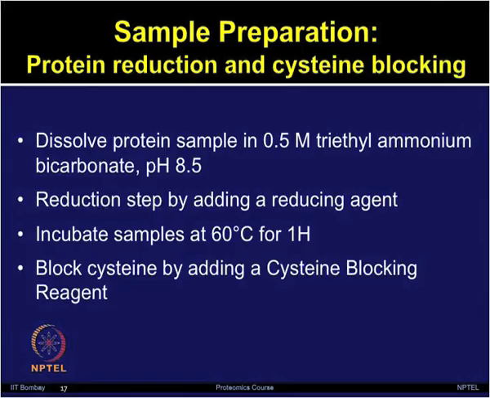In sample preparation, the first part is protein reduction and blocking of cysteines. First, dissolve the protein sample in 0.5 molar triethylammonium bicarbonate at pH 8.5. Then perform a reduction step by adding a reducing agent. Incubate the samples at 60 degrees for an hour. After that, add a cysteine blocking reagent so that cysteine residues can be blocked.